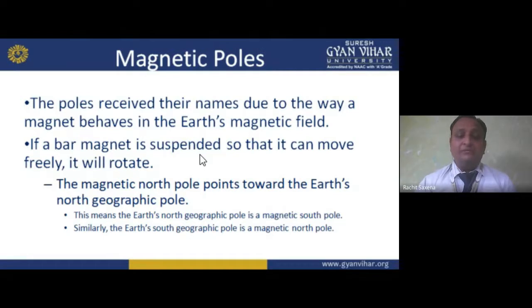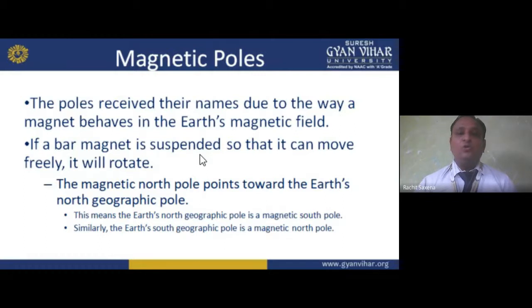So what will happen? The magnetic north pole of the magnet points towards the earth's north geographic pole. This means the earth's north geographic pole is a magnetic south pole. Similarly, the earth's south geographic pole is a magnetic north pole.